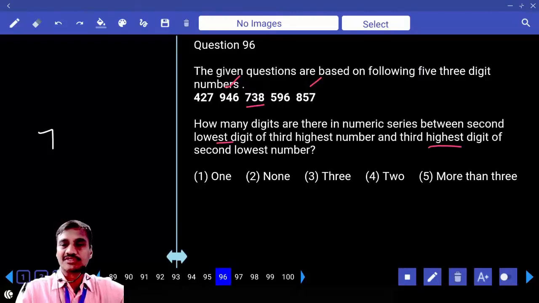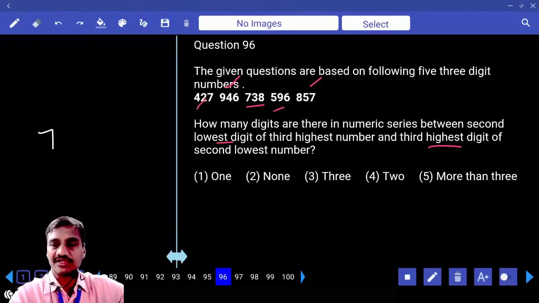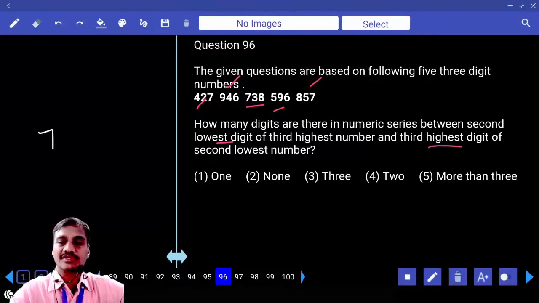The third highest number is 738, and the second lowest digit is 7, since 3 is the lowest. Now the second lowest number: the first lowest is 427, the second lowest is 596. Which digit do I need to take? The third digit, which is 6. Now between 6 and 7, do we have any number in between?